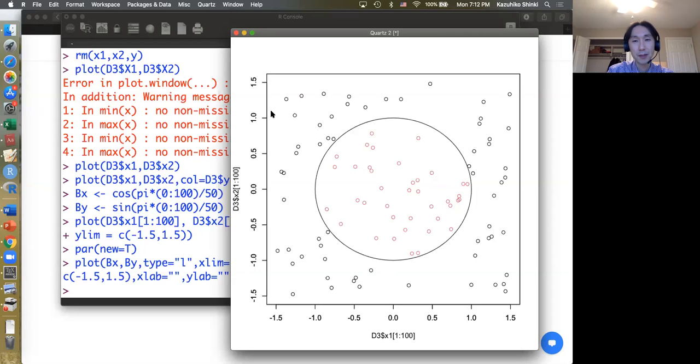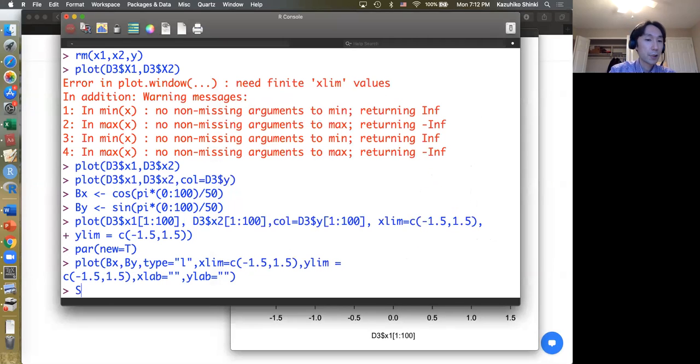Maybe we put a line tangent to this circle, then one side is all black dots and the other side is a mixture of red and black, but it's really not clear what's the best method. So the linear kernel should not work well. Okay, so we use the first 100 observations.